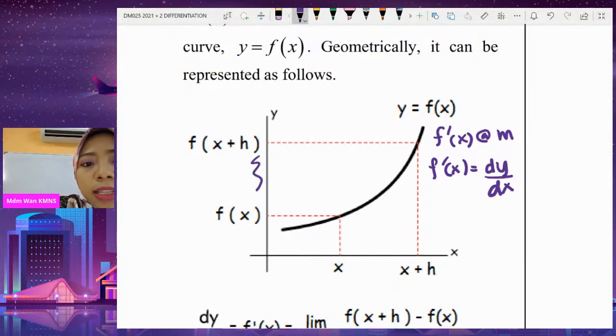So this is basically dy over dx, or you can say the difference here is h.